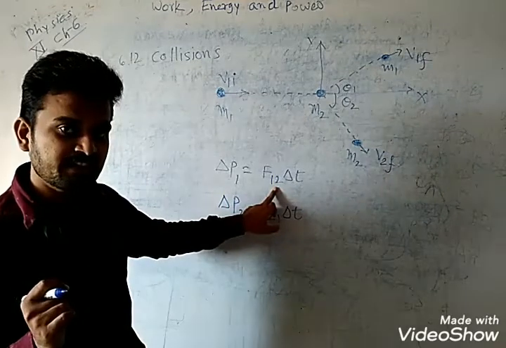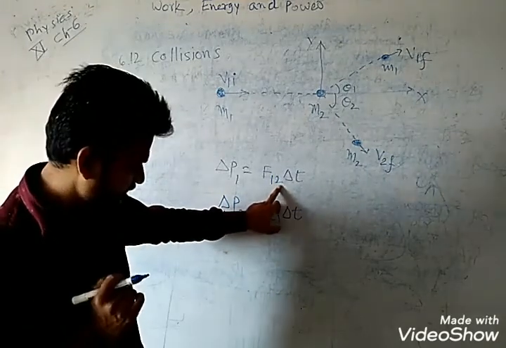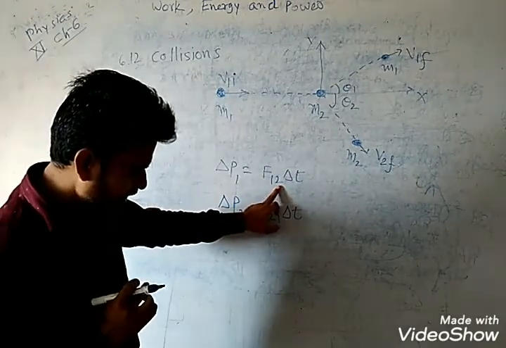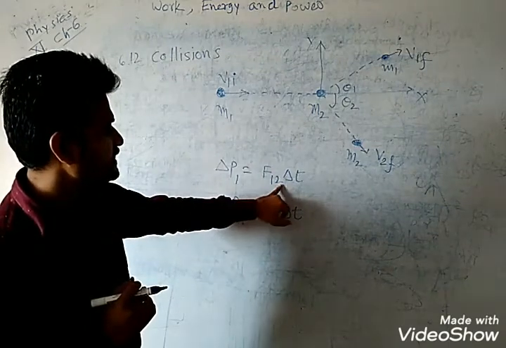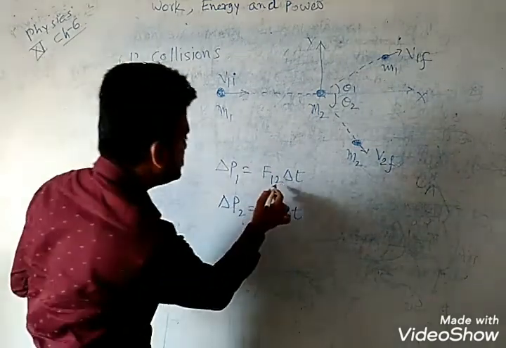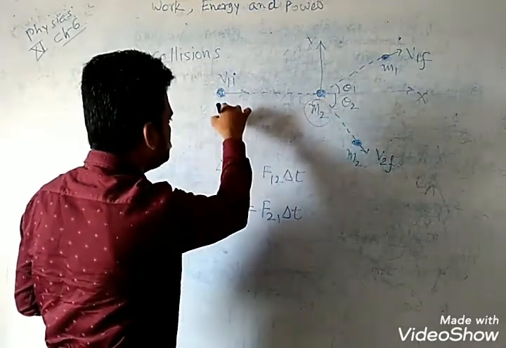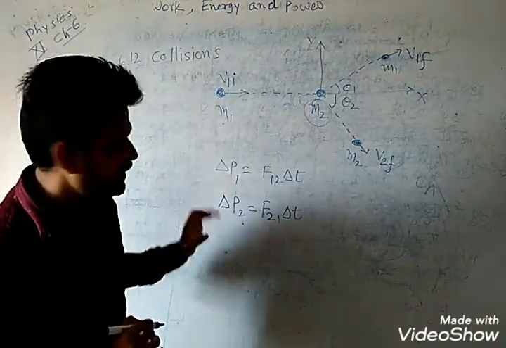Here F12 is the force exerted on the first particle by the second, meaning the mass m2 exerts force on the first particle m1.